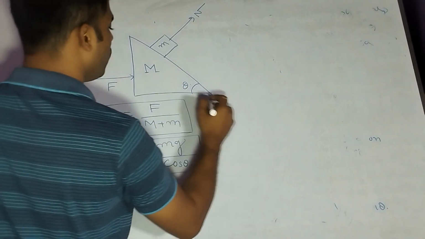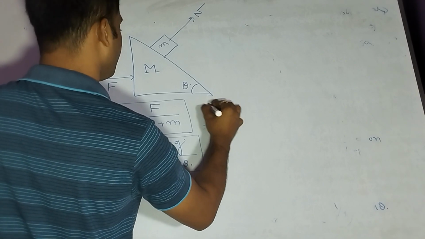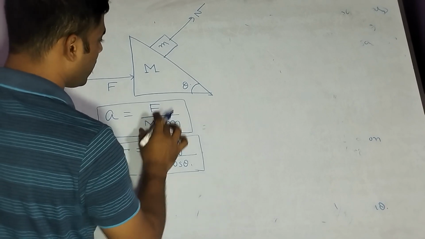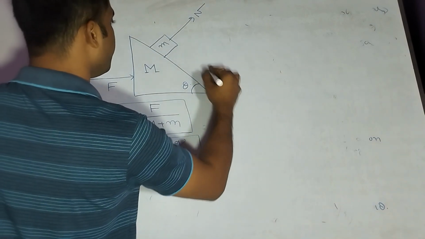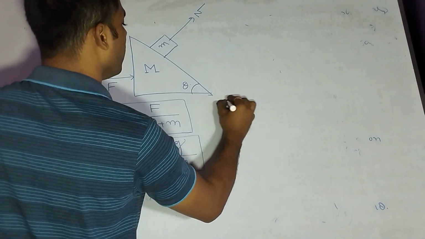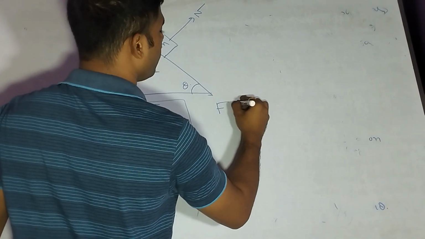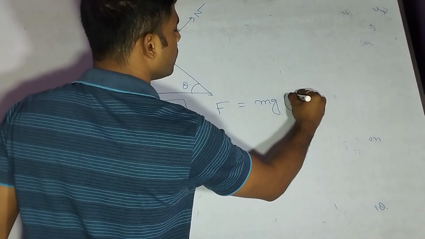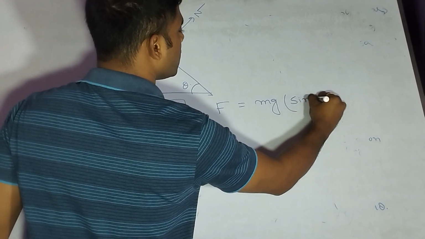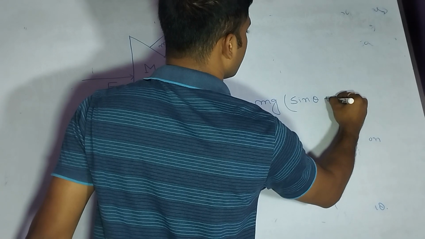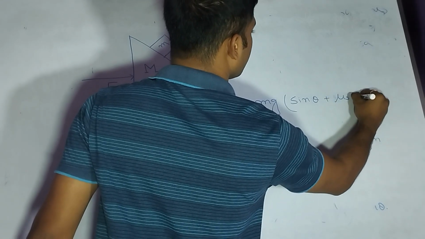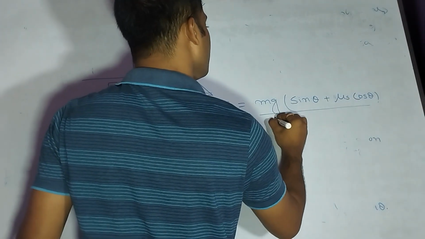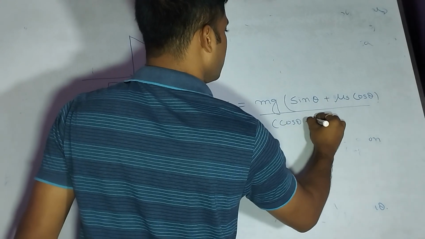Next, the acceleration value and the normal reaction value are the two data given, and in this case F is equal to mg sin theta plus mu s cos theta, divided by cos theta minus mu s sin theta.